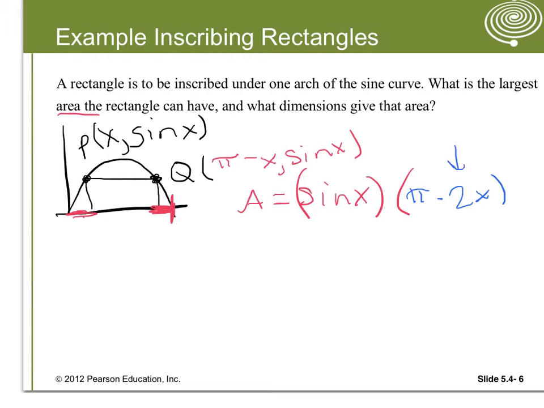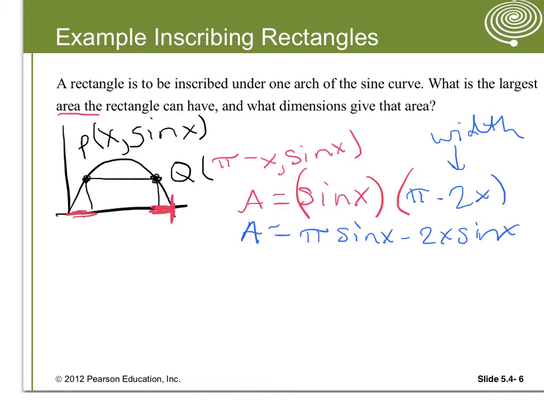That represents the width of our rectangle. So there's my area. I'm going to simplify that a little bit and then figure out where that is maximized by finding the derivative and the critical points. So this is the same thing as pi times the sine of x minus 2x times the sine of x.